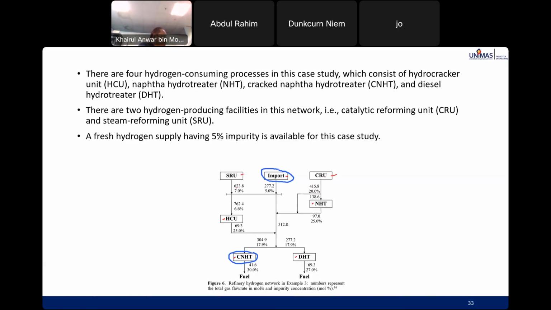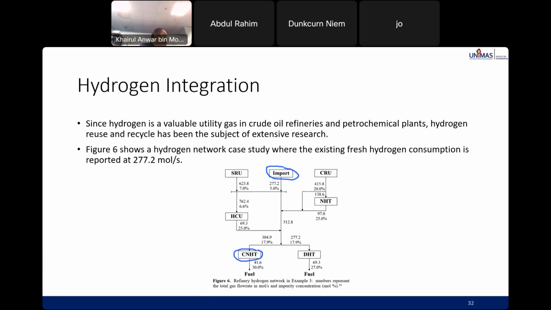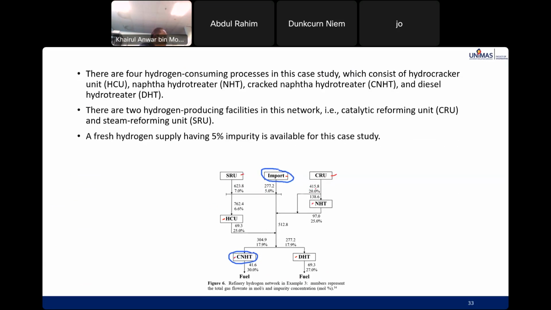How much? 623 kilomole per second, and this one is 415 mole per second. The impurities is 7%. This one is quite high, 20%. A fresh hydrogen supply having 5% impurities, 7% for this one.